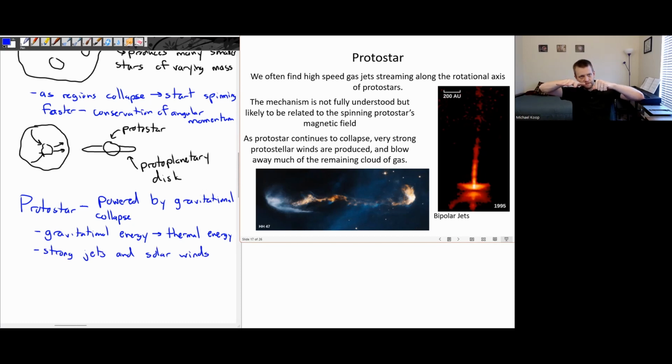So this protoplanetary disk that was around the protostar and was starting to form planets, eventually the protostar's stellar winds get strong enough to blow away any remaining material, leaving behind whatever planets have formed in that protoplanetary disk, and things like asteroids, comets, little leftover remains of that planet formation process.